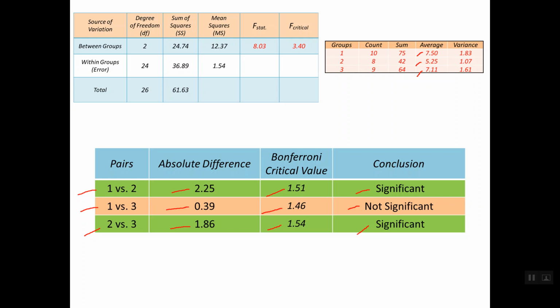And in this case, we reject the null hypothesis, which states that there is no difference, and we accept the alternative hypothesis, which states that there is a difference between the two means. So this is the conclusion of our question. In this table, we have two significant and one non-significant between the pairs.